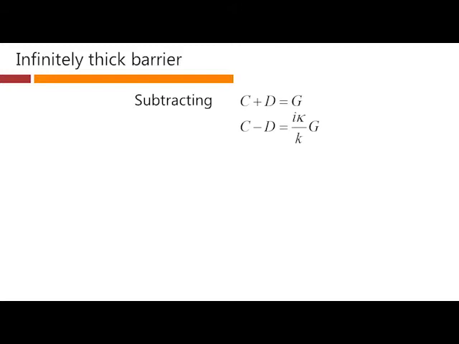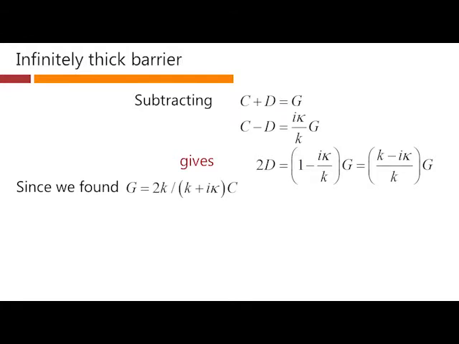Similarly, we can subtract this equation from this one. These are two equations we got from our boundary conditions. Subtracting this from this, the c's now cancel and we get 2d on the left-hand side. And subtracting this from this, we get 1 minus i kappa over k times g, which we can rearrange into this form.